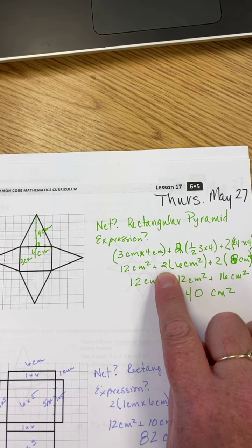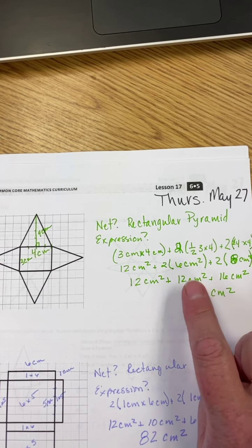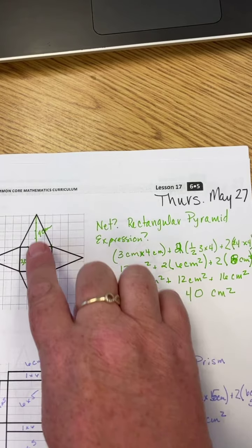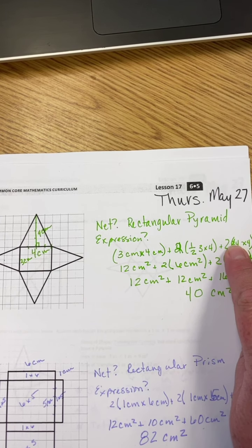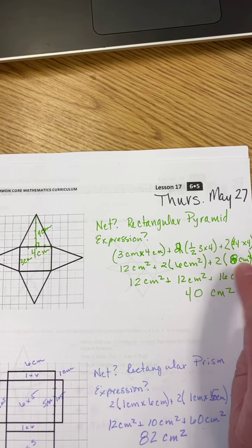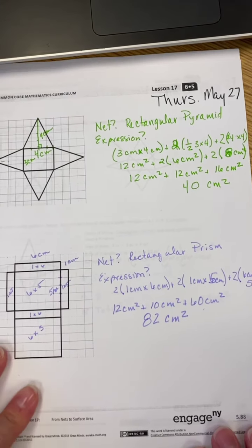I'm going to times that by 2 because there are 2 of them. I get back to 12 centimeters squared. And then the last thing we're going to do is the 4 by 4 sides, which are the top and the bottom here. 4 by 4 is 16. I have to take half of that. Half of 16 is 8. I've got 2 of those, it's 16. Add that up for 40 centimeters squared.